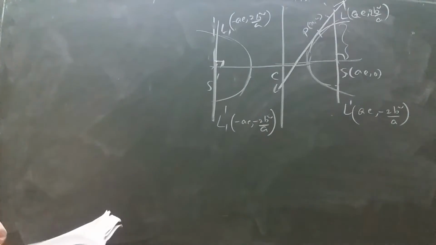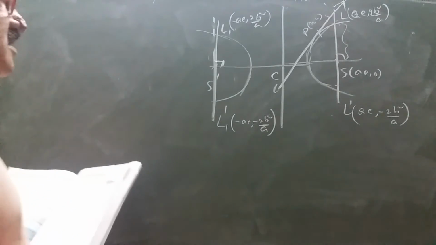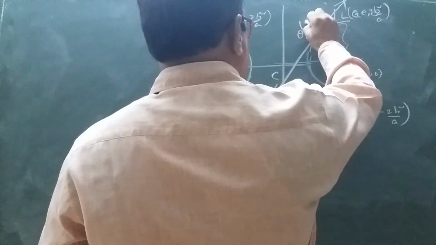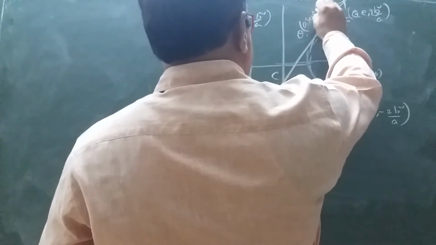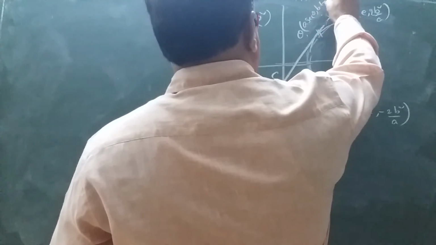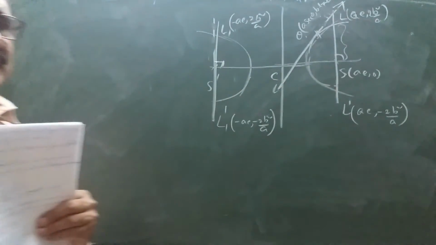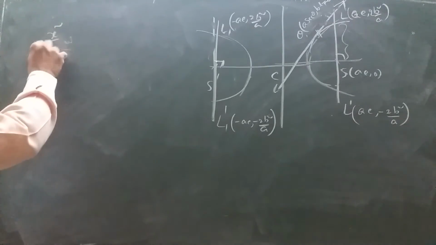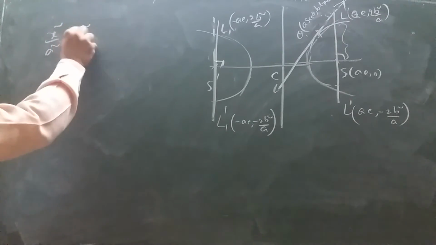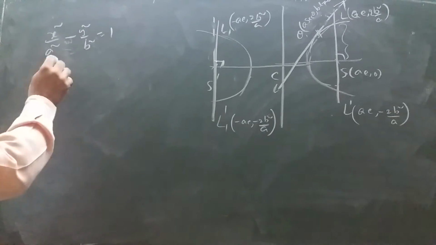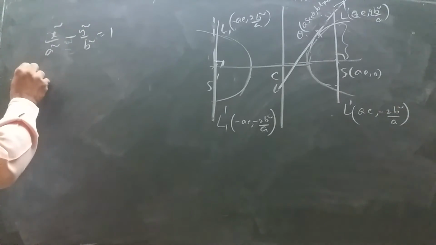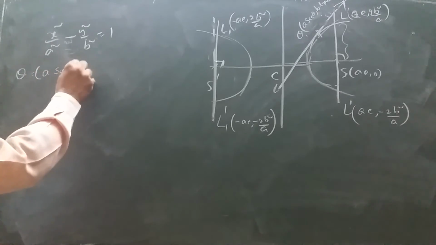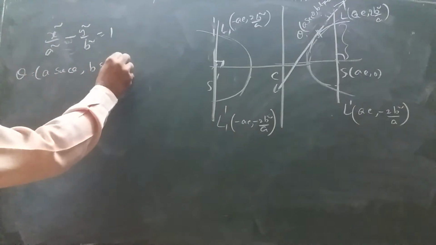And the equation of tangent at theta. Theta means you can take any point, a secant theta, b tan theta. Any point should satisfy the equation x square by a square minus y square by b square equal to 1. Then if we take x is a secant theta and y is b tan theta, we have to verify.